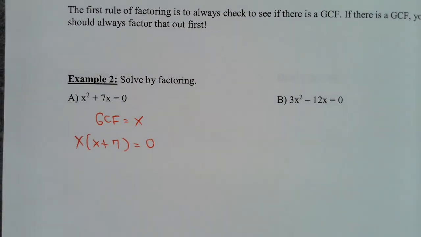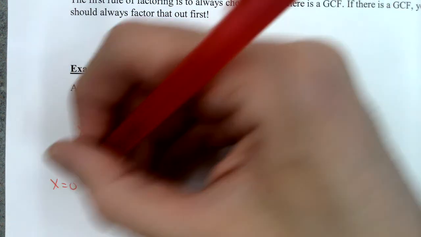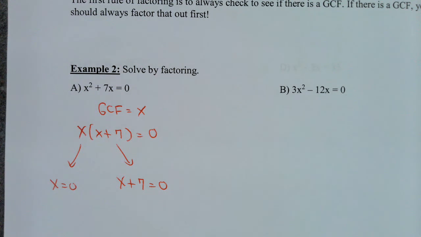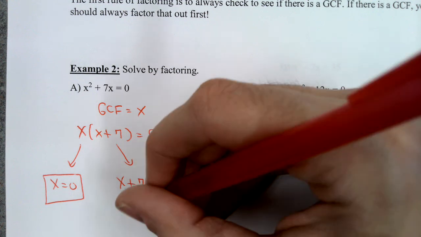Now it's just like example 1. You're going to use the zero product property. Either x = 0 or x + 7 = 0. The first one's already solved, x = 0. The second one, you get x = -7.